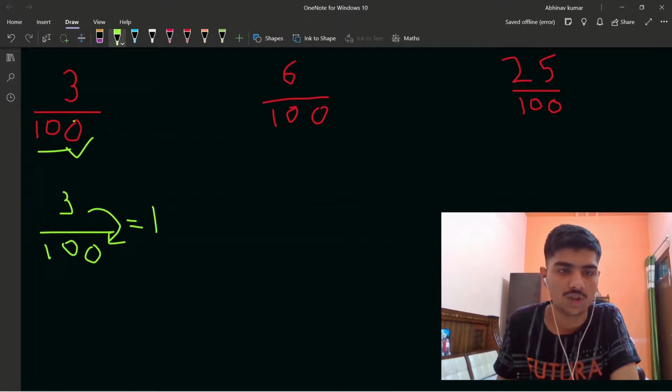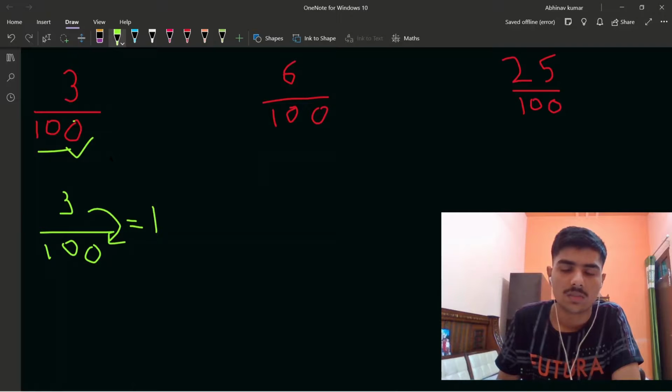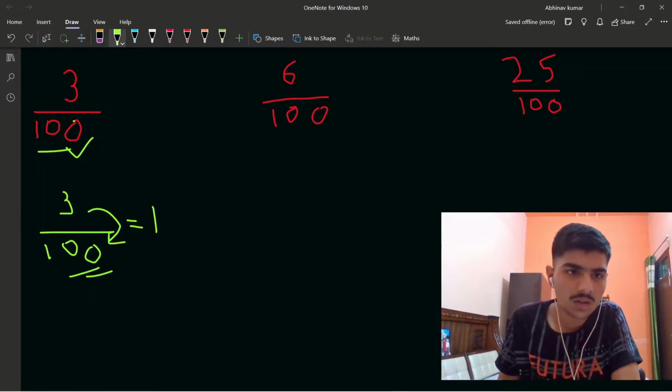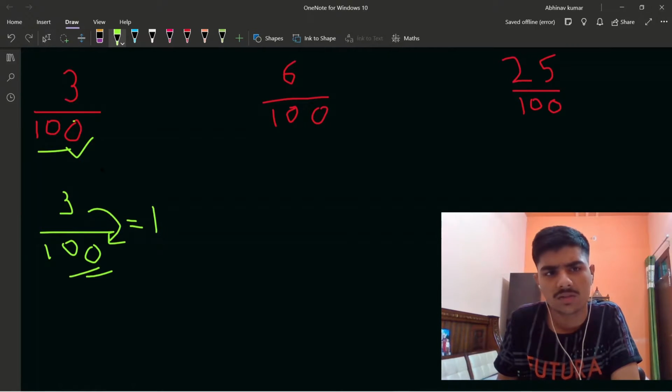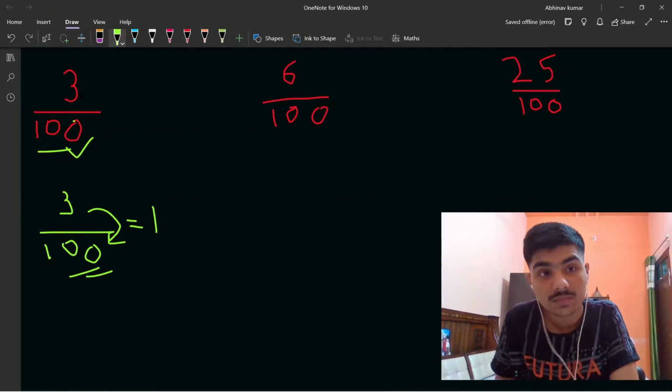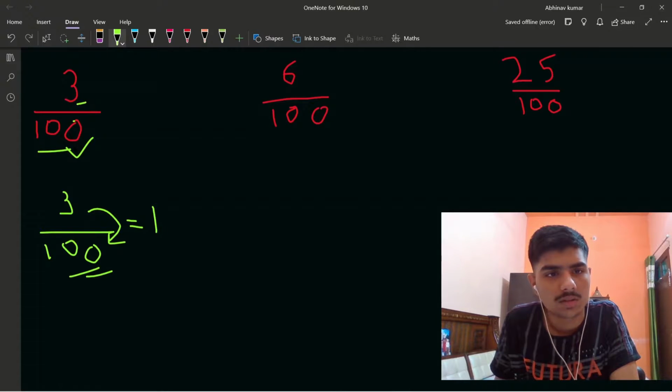When the GCD of denominator and numerator is 1, we cannot simplify the fraction further. So we need to simplify the fraction until the GCD of denominator and numerator is 1. Here the numerator is 3 and the denominator is 100, so the denominator will be our answer.